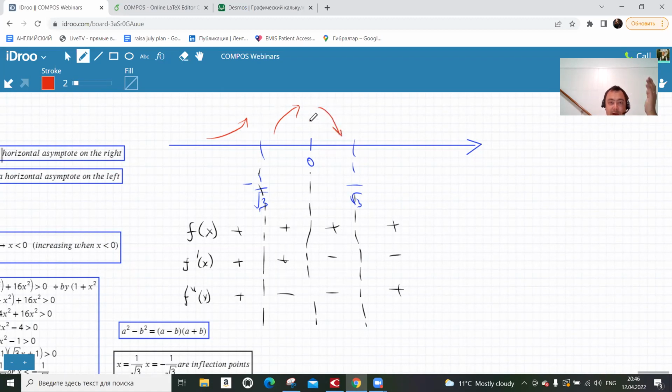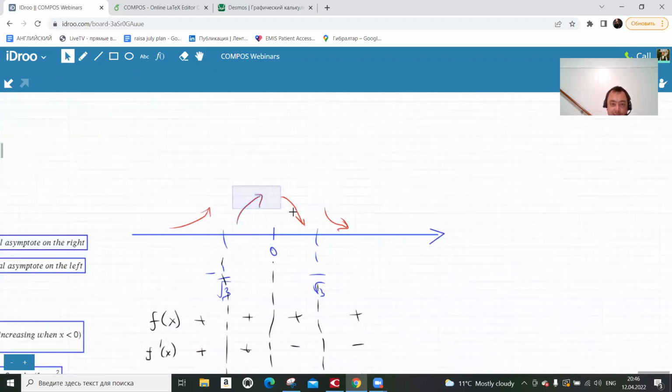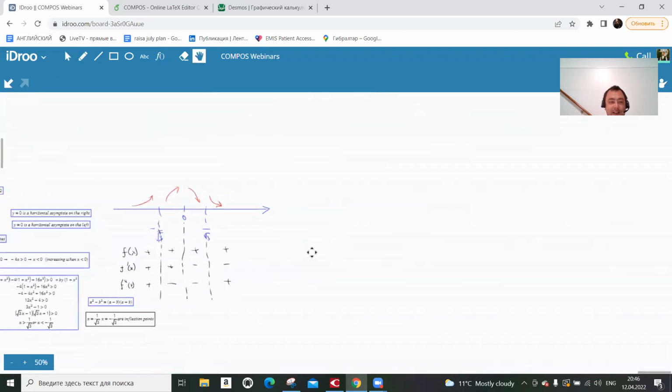So you see how the arrows are bent, and here the function is positive, decreasing, and convex. So it's going like this. Especially if we draw the arrows like this, we can already see the shape of the graph. So this is almost a sketch.